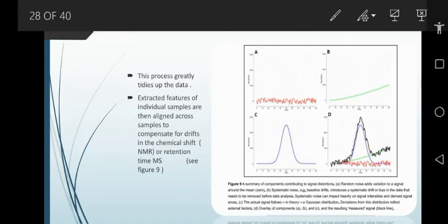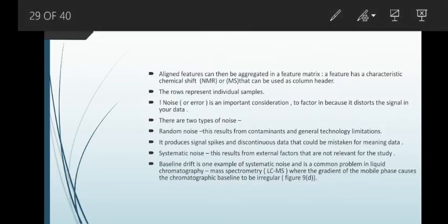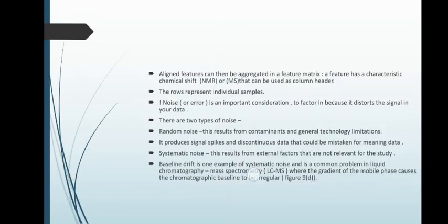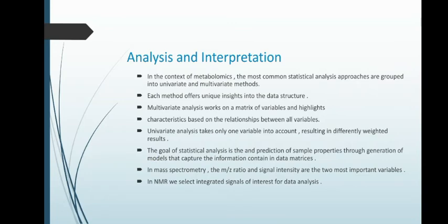Let's move to the next topic, which is analysis and interpretation. This step is the last step of the workflow of a metabolomic study of small molecules. In this step, the most common statistical analysis approaches are grouped into univariate and multivariate methods.